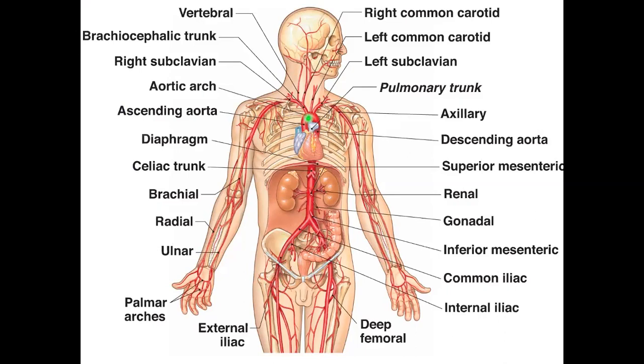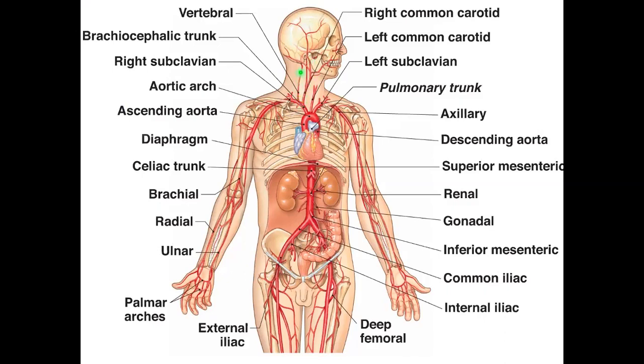All right, take a look up top. So here is your brachiocephalic trunk that ends up becoming your common carotid, which branches off into, sorry, you guys, I got lost. Brachiocephalic goes into common carotid, and your external and internal carotids.